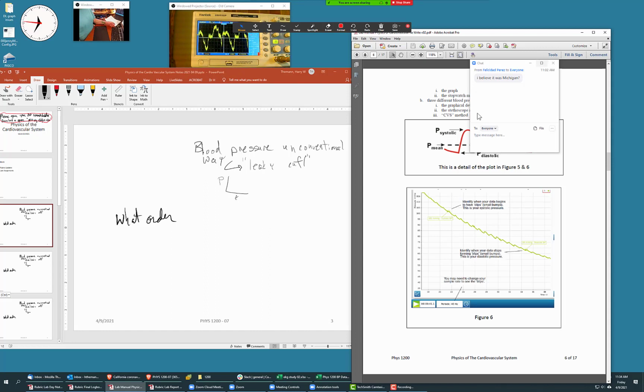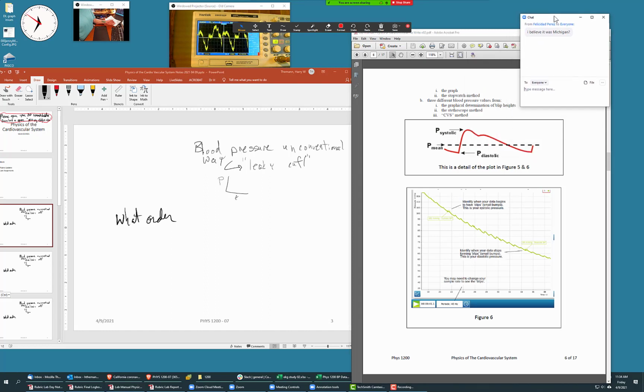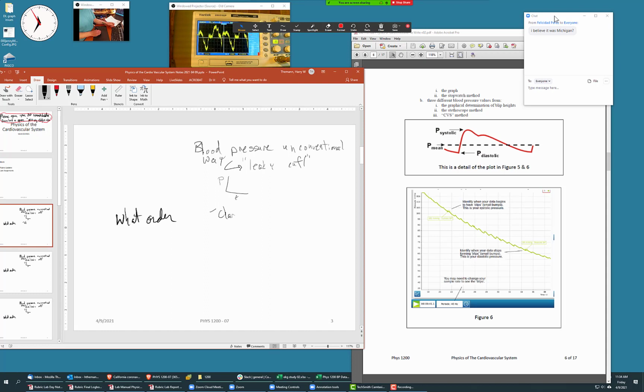We actually knew about the characteristic shape, and we actually observed it.